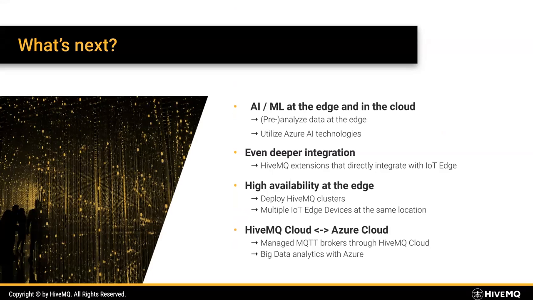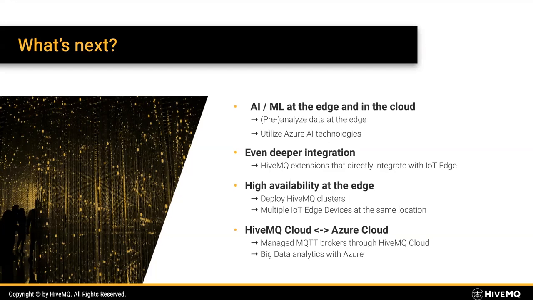You can also integrate HiveMQ deeper into Azure IoT Edge by putting together HiveMQ extensions that allow you to extend HiveMQ with custom logic and use SDKs in there. Krasimir and I did a prototype of that together, so you can interact even more with IoT Edge than shown.